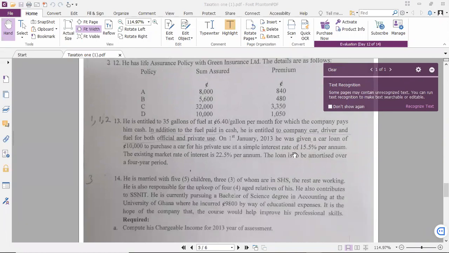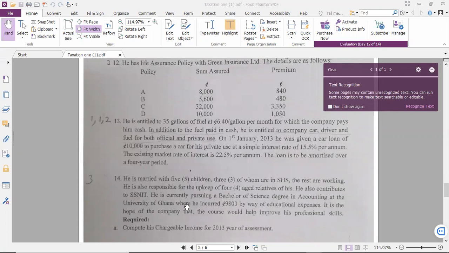He has been given a car loan at some point in time at a rate of 15.5. Meanwhile, the market rate is 22.5. He is married with 5 children, 3 of whom are in SHS and the rest are working, and also responsible for the upkeep of his 4 aged relatives.